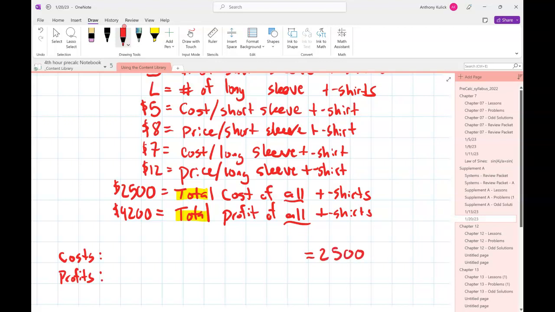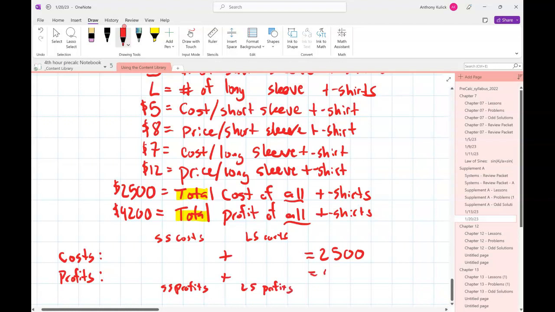So I know the total costs, when I add those all up, between the short sleeve costs and the long sleeve costs has to equal 2,500. Likewise, I know that the short sleeve profits plus the long sleeve profits have to add up to give me $4,200.